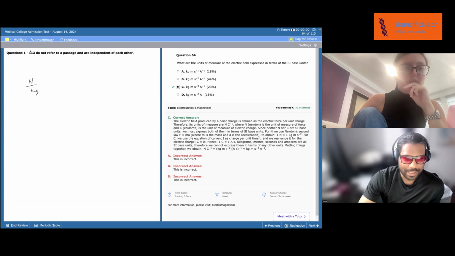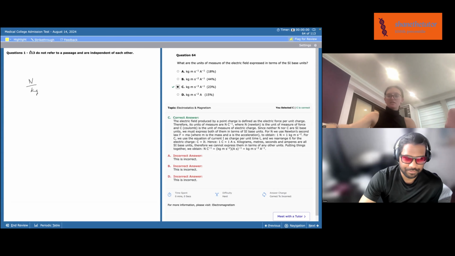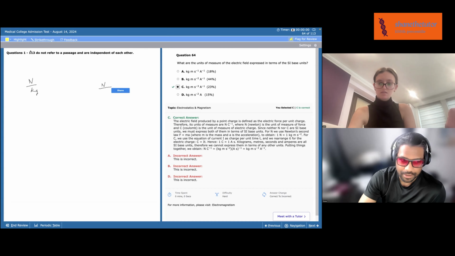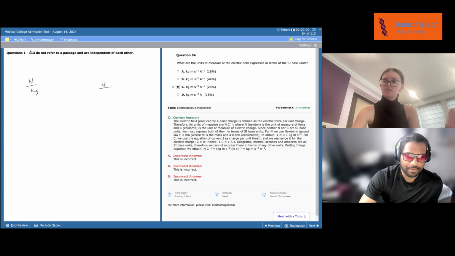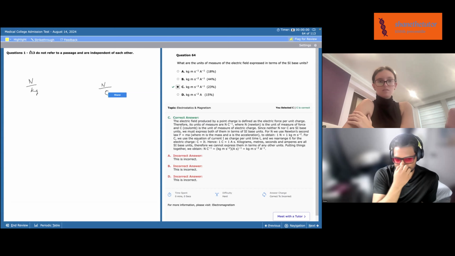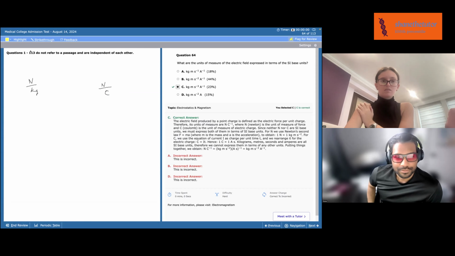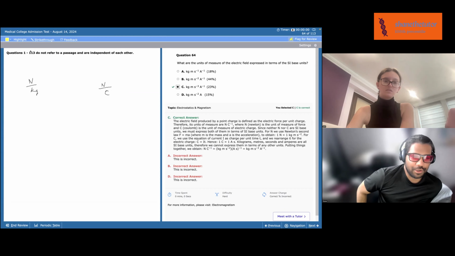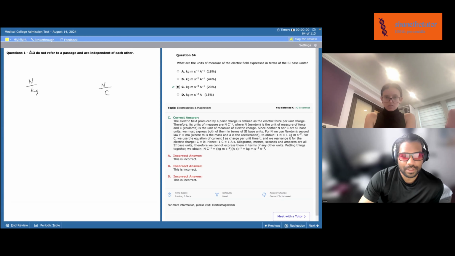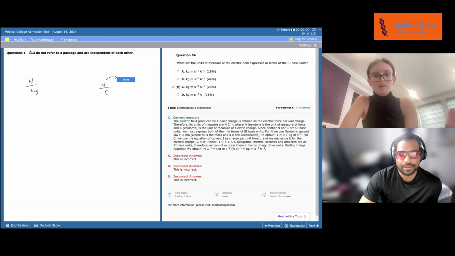For electric field, the field strength would be the force you experience in newtons again, but instead of per mass, it'll be per coulomb because we're dealing with charges. So now you just have to deconstruct the units.